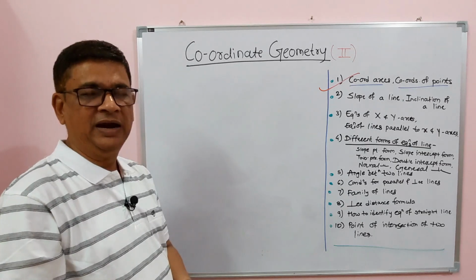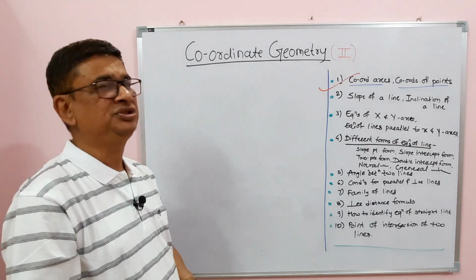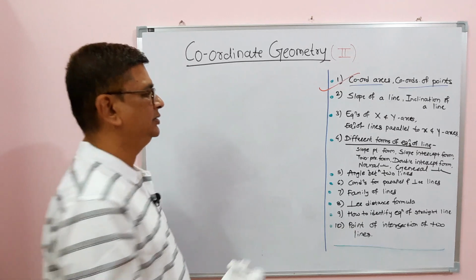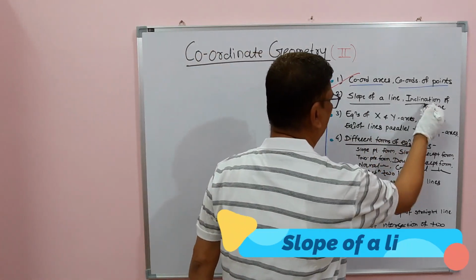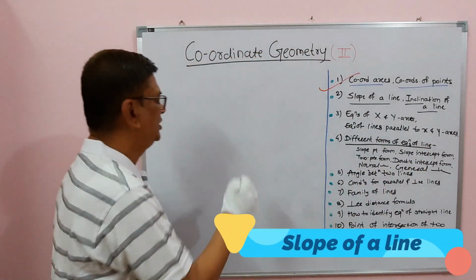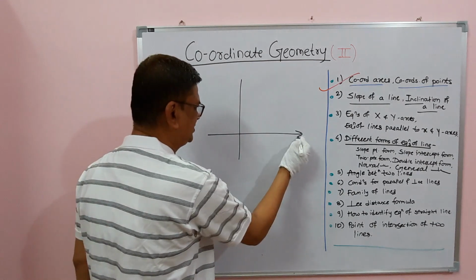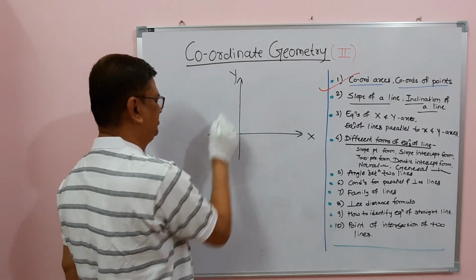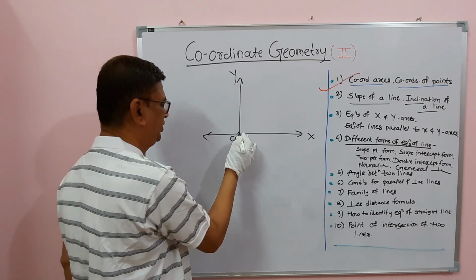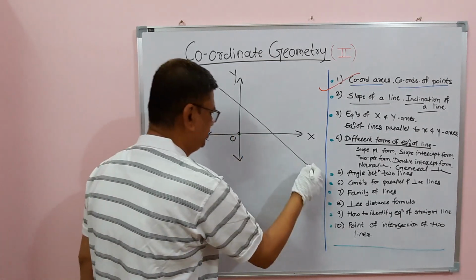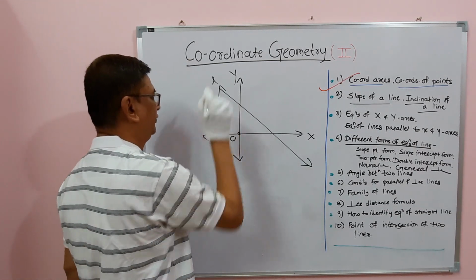Then after 10 standard, the student studies some more topics, like what is meant by slope of a line and inclination of a line. Suppose this is our coordinate system, x-axis and y-axis, this is your origin, and suppose this straight line L is drawn.